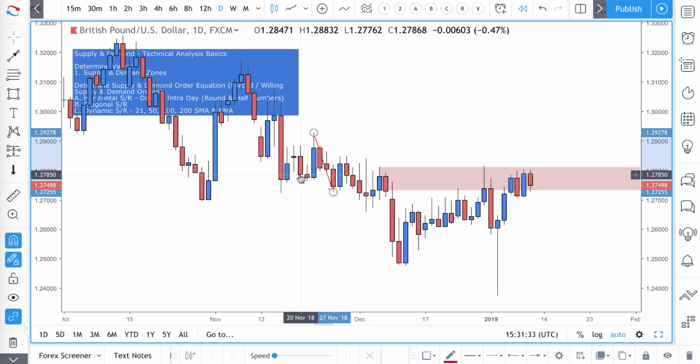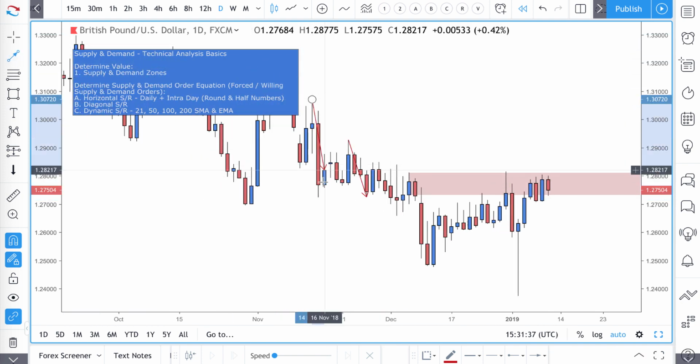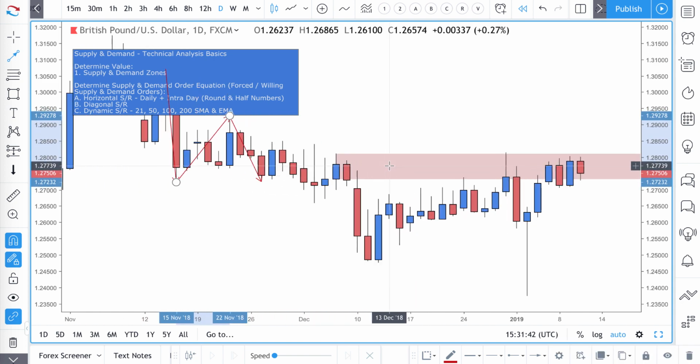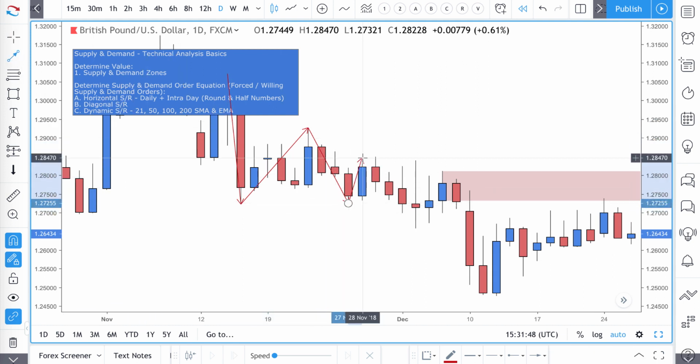So let's start from here. Here we have a low, we have a pullback. We have a bit of a move, and then we have a low here. And really and truly, I think that would be the high.